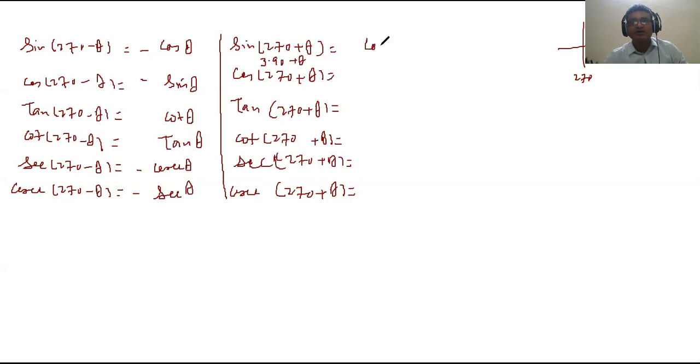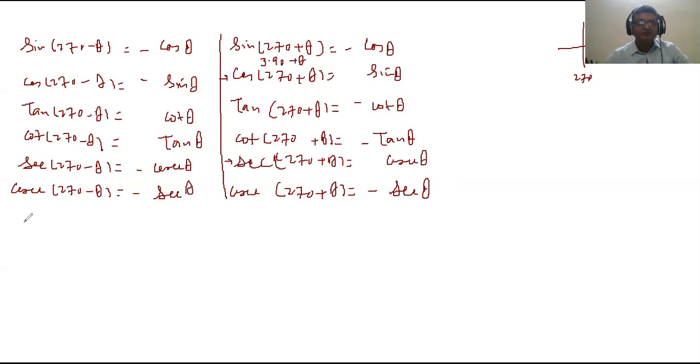So sine will become cos, cos will become sine, this will become cot, this will become tan, this is our cosec, and this is sec. Now we'll put the sign structure. In the fourth quadrant cos and sec are positive, so the rest will become negative. Cos means from this side and from this side, not from this side.